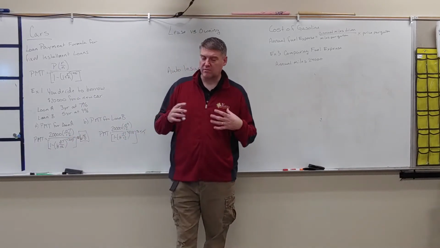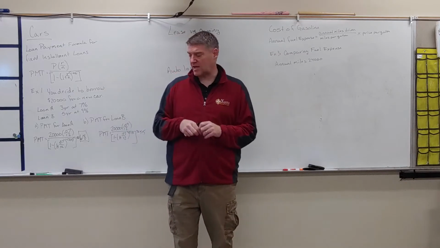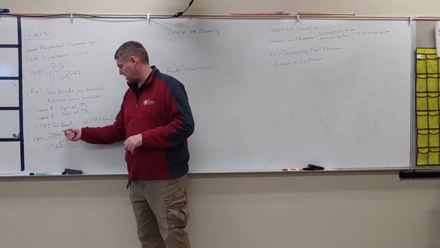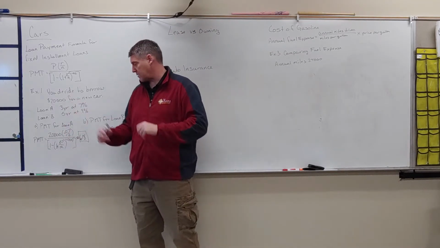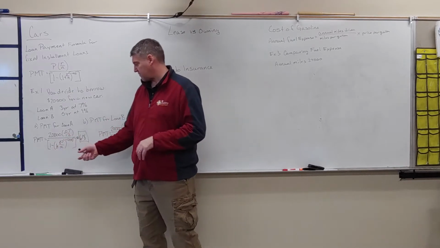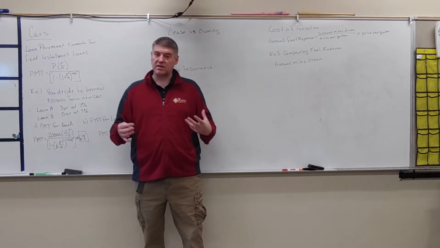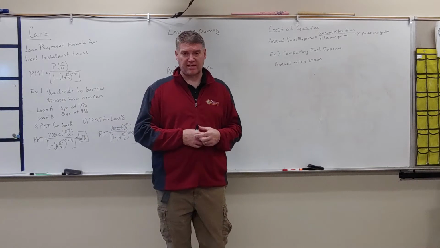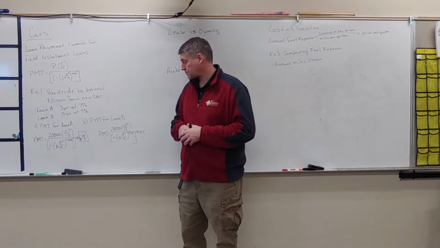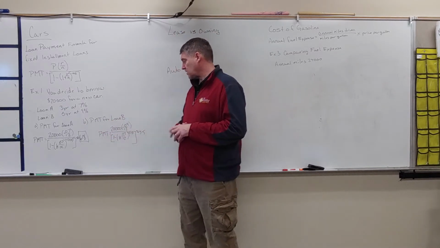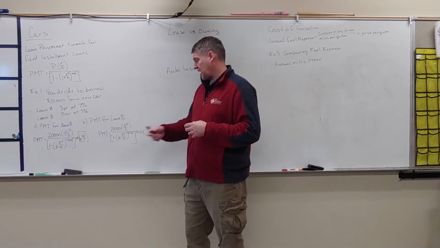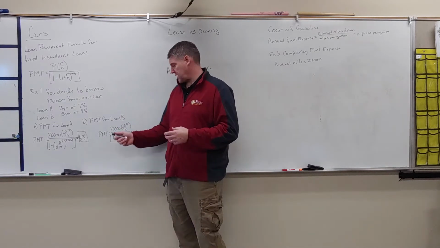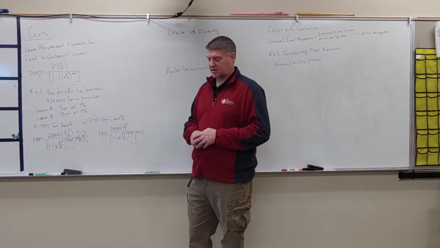Now, if I plug that into my calculator, and you can do it step by step, you can go 20,000 times 0.07 divided by 12, write that number down, and then divide it. You're going to have a monthly payment of $618. Now, if I look at plan B, I have the same amount on the loan, but my interest and my time are different.